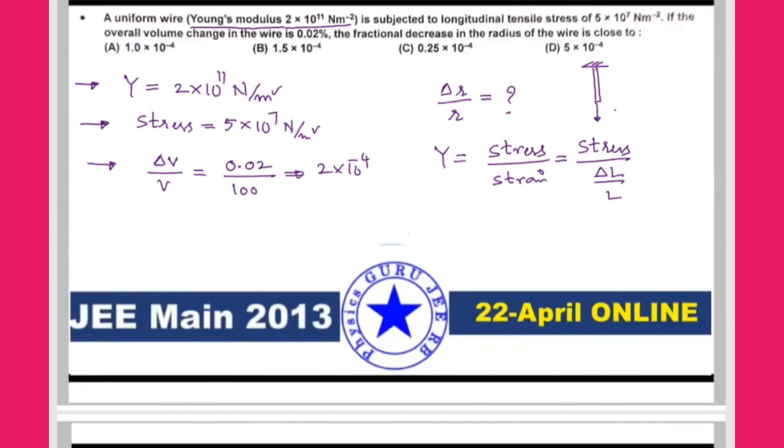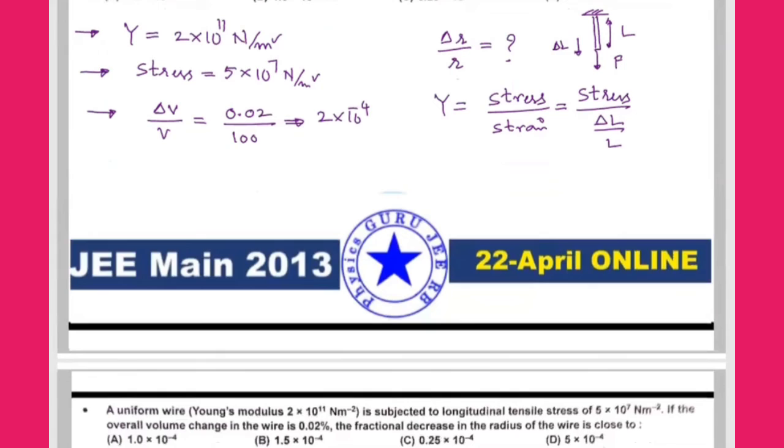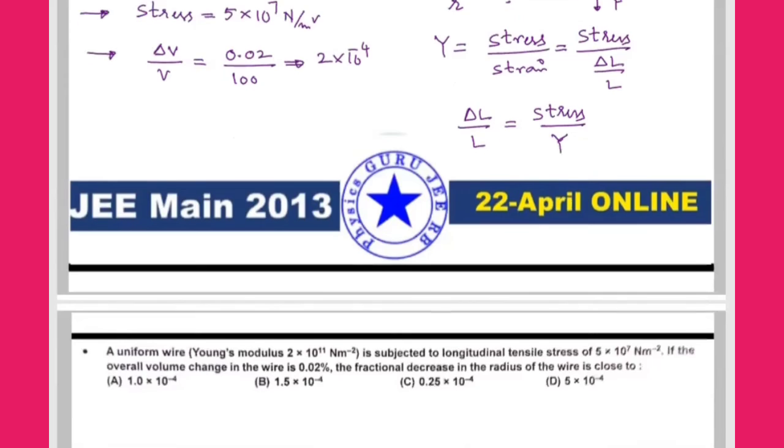When you apply some force on it, there is a change in length delta L, and the original length is L. So delta L by L, by cross multiplication, equals stress divided by Y. Now further I calculate here.